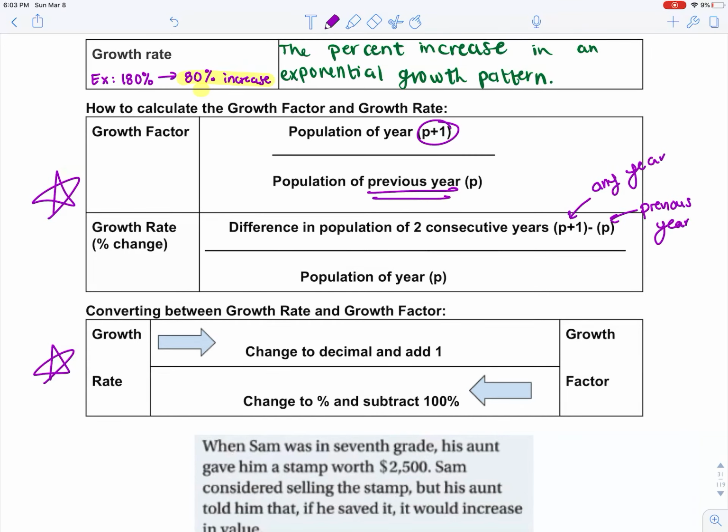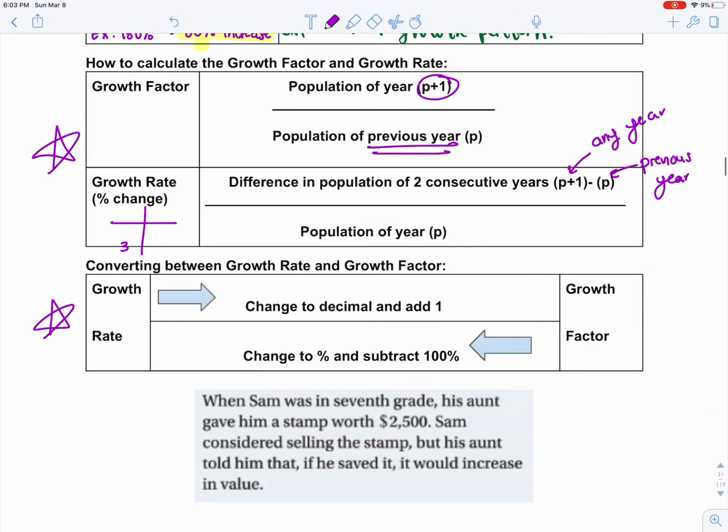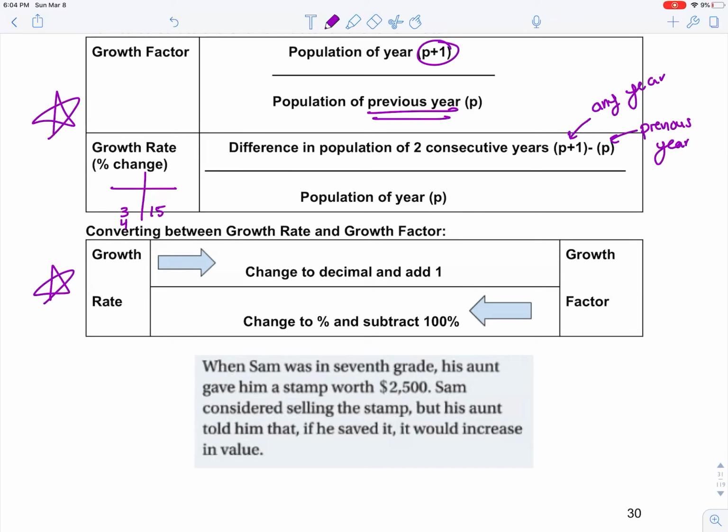So let's take a look at an example. Let's say that in year 3, I had 15 squirrels. And in the 4th year, I had 30 squirrels. So this 30 is going to be my P plus 1, and this 15 is going to be my P. I need to find the difference in the population for those 2 years.